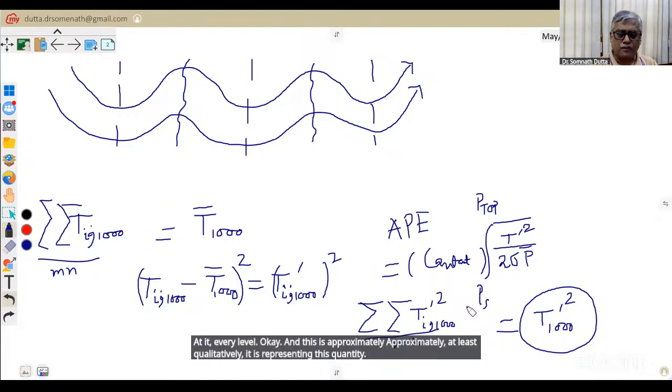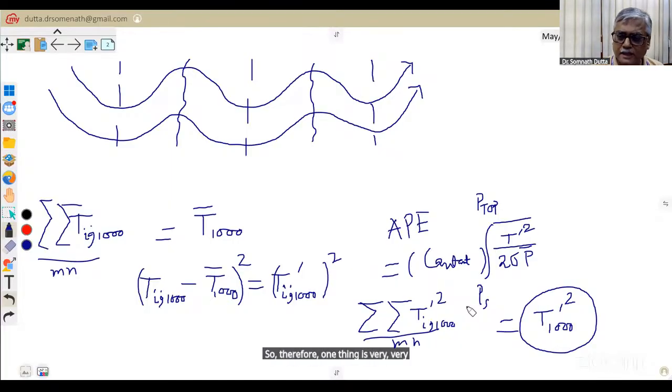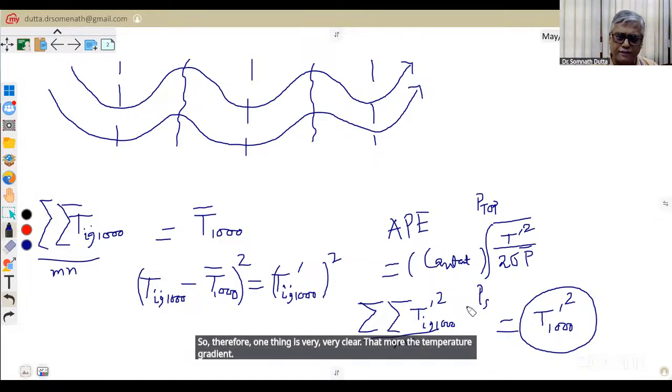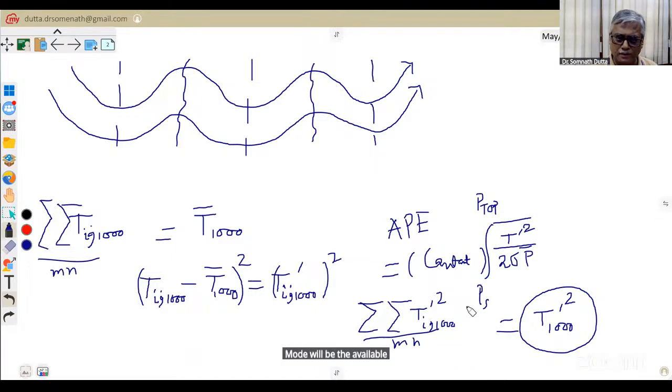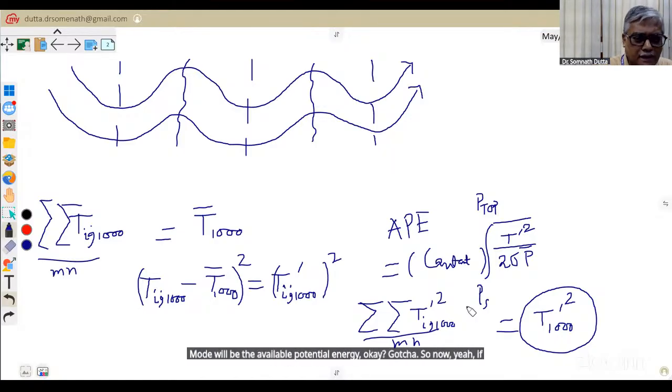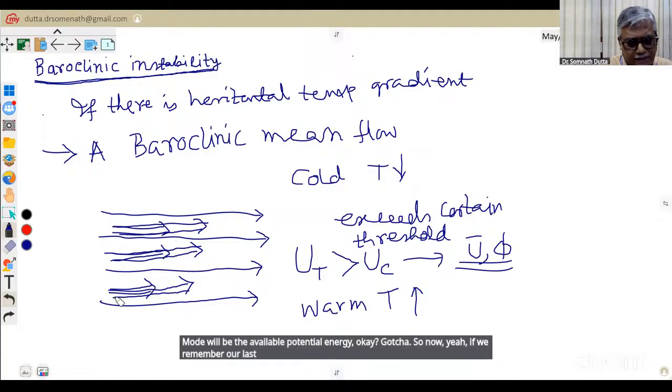So therefore one thing is very, very clear, that the more the temperature gradient, the more will be the available potential energy. So now if we remember our last slide, here we have actually increased that horizontal temperature gradient, here meaning the north-south temperature gradient.